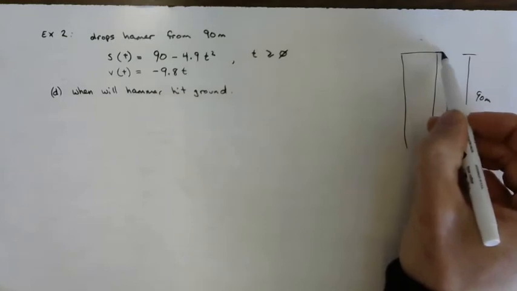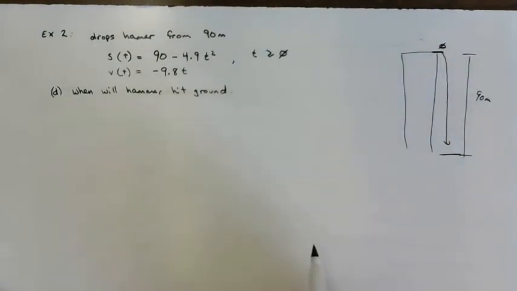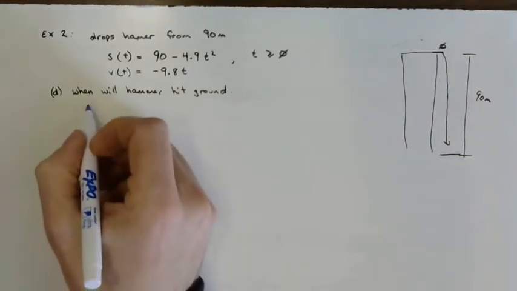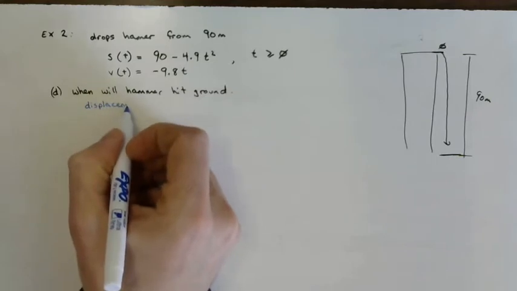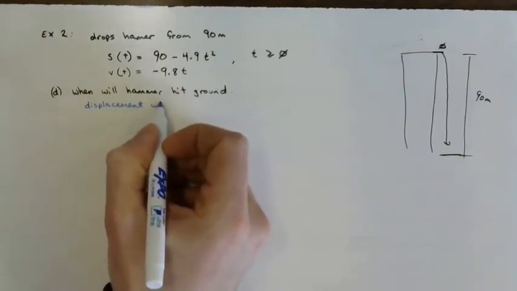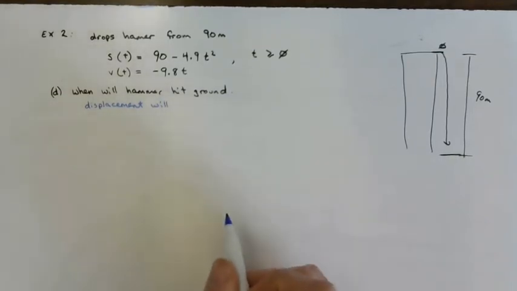So from here, when you're still on the roof with your hammer, displacement is 0. It hasn't moved from its original position. Once it's moved 90 meters, it will hit the ground and be done moving. Sorry, let's think about that backwards.